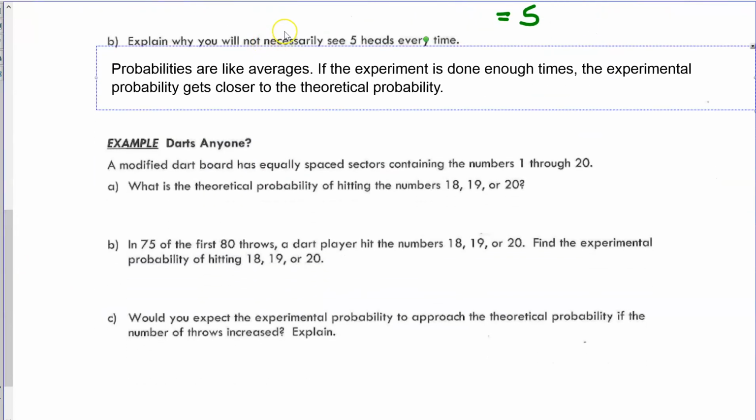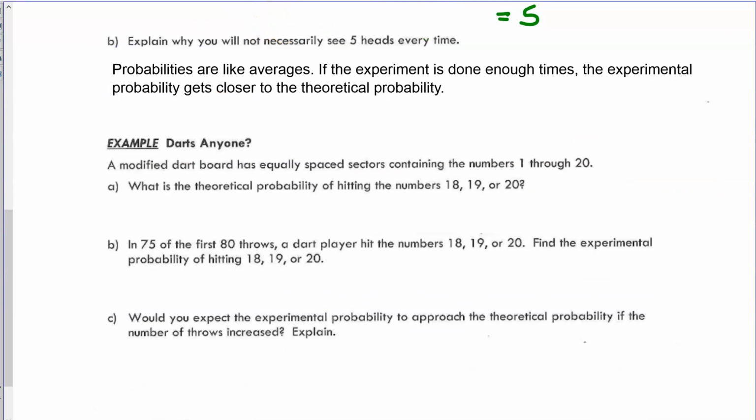So let's do an example here. This is actually one of the questions from your practice for today, so you're welcome. A modified dartboard has equally spaced sectors containing the numbers 1 through 20. What is the theoretical probability of hitting the numbers 18, 19, or 20?